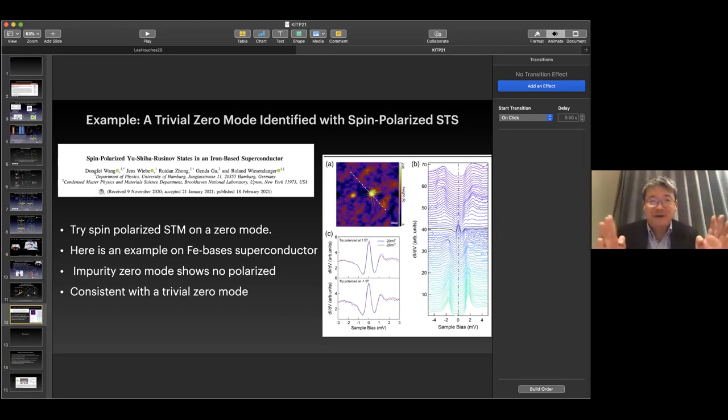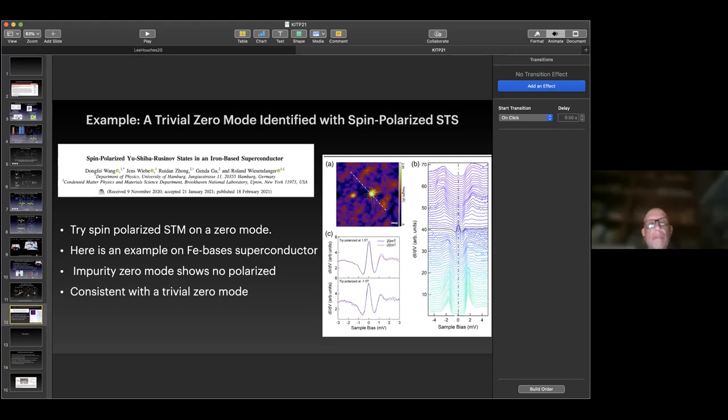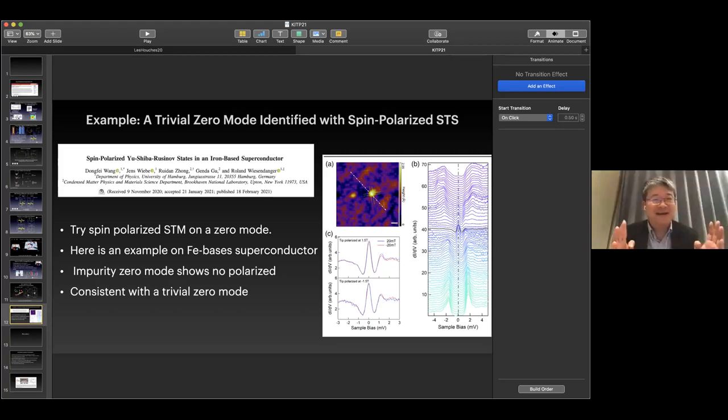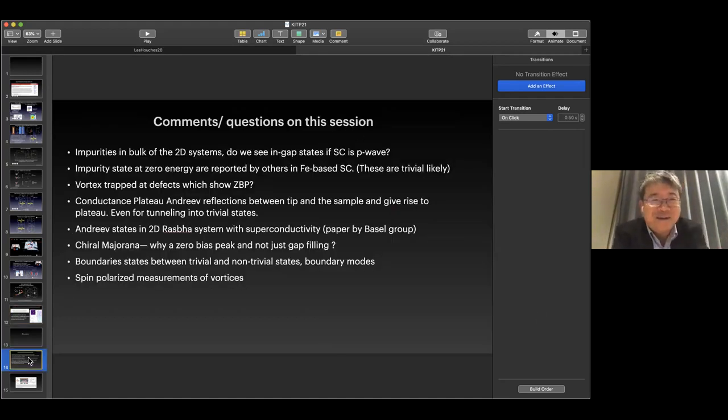All of this agrees with a single Dirac cone with the known superconducting gap and known Fermi energy. So this cannot be an impurity. Impurity, you cannot have this. So it's highly unlikely.